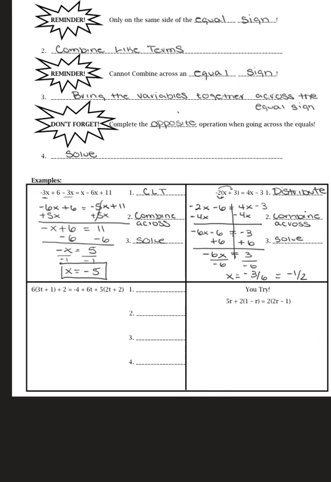All right. For the next example, we have quite much going on here. So I have 6 times 3t plus 1 plus 2 is equal to negative 4 plus 6t plus 5 times 2t plus 2. So my first step is I'm going to have to distribute.